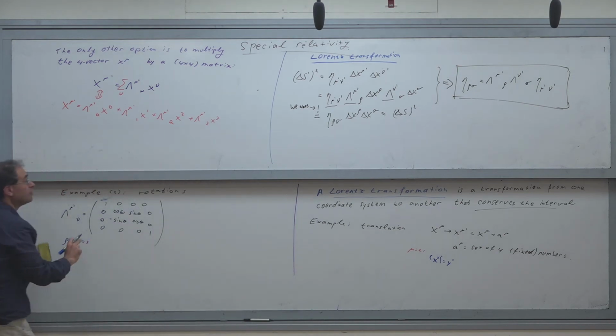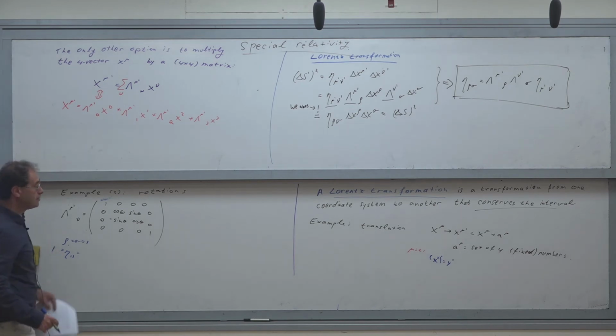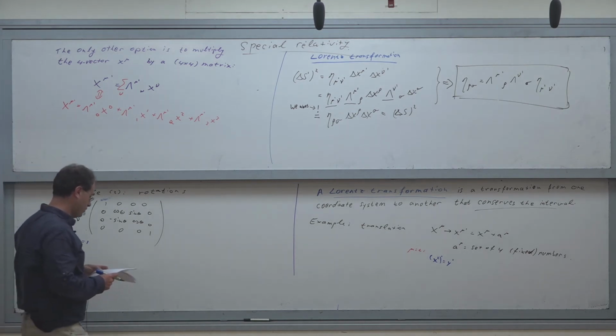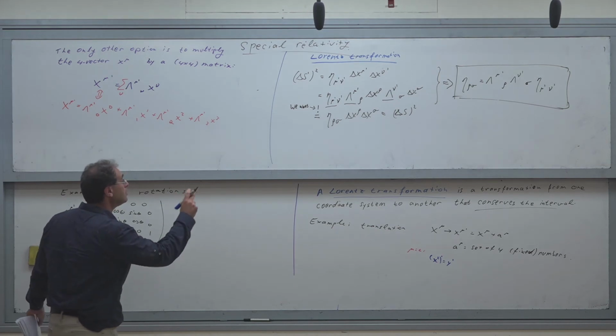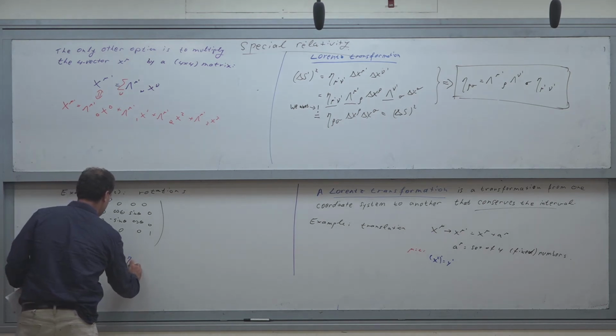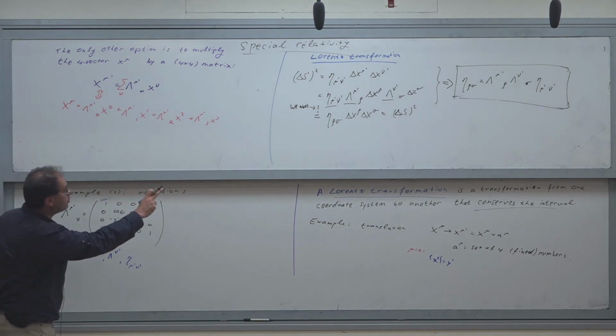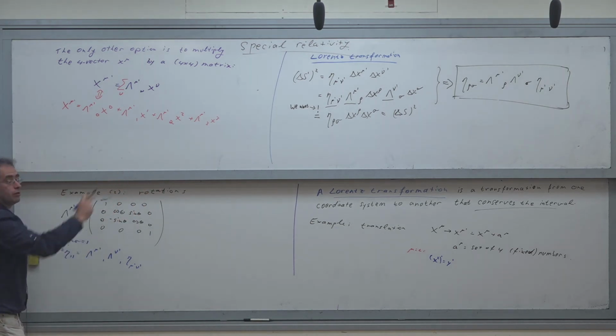equal to 1. So what's written here? Eta 1, 1. What is eta 1, 1? That's right. Remember the matrix eta is equal to what? Lambda mu prime 1, lambda nu prime 1, eta mu prime nu prime. I just put rho and sigma equal to 1 in that equation over there.